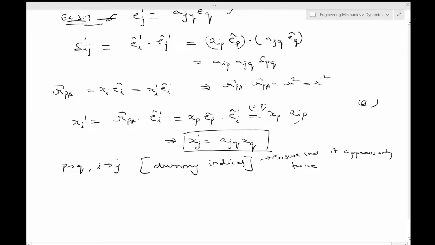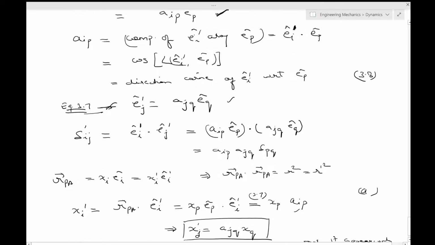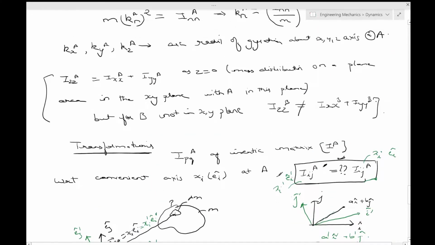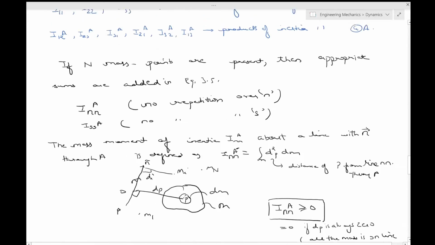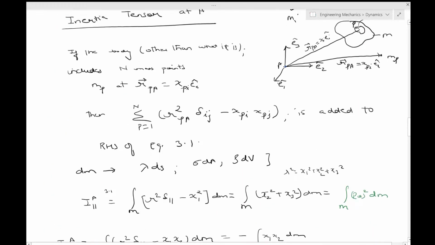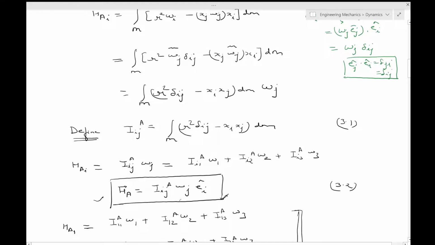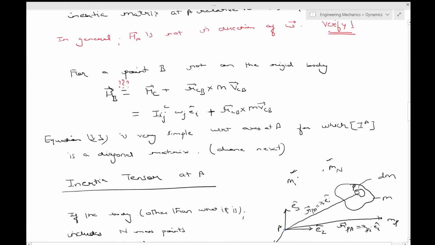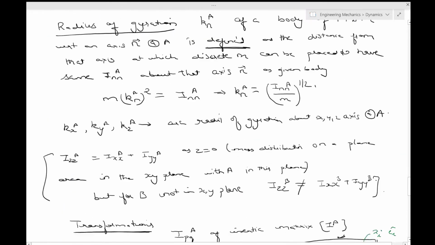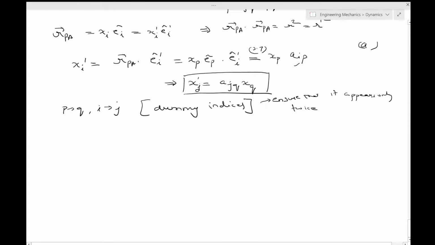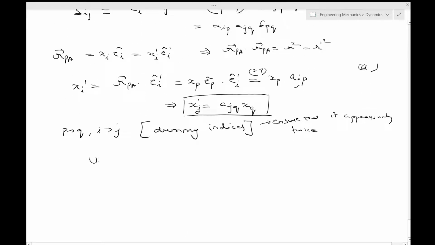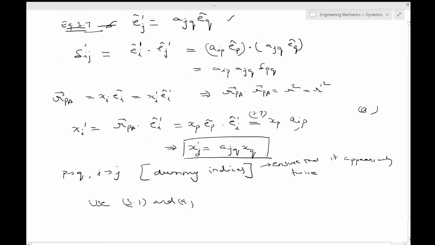Now you want to use equation 3.1. 3.1 is where we defined I_ij. This one and the transformation ones which you have just defined over here at A. So use 3.1 and A. Let me just write 3.1.